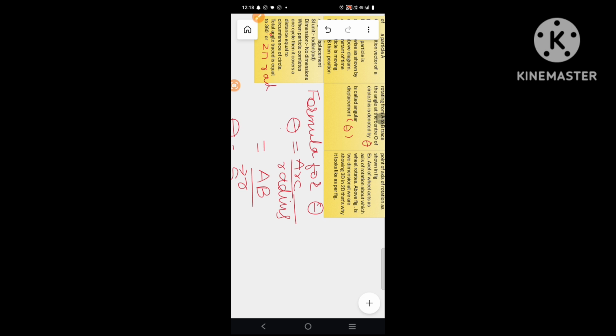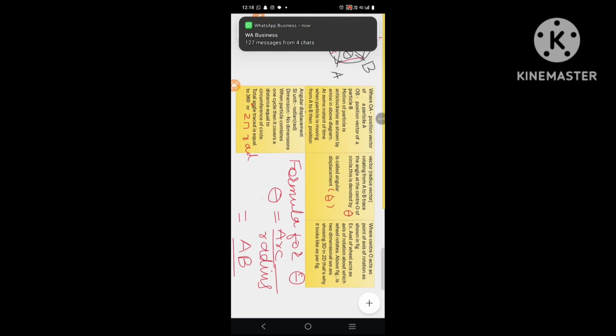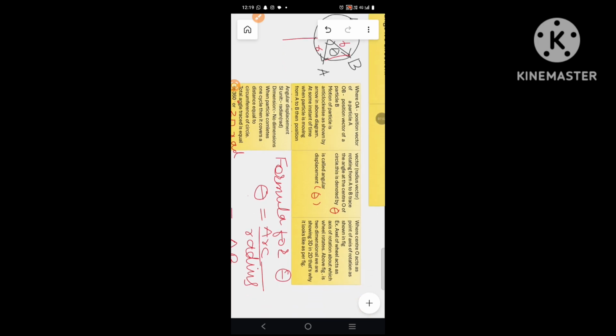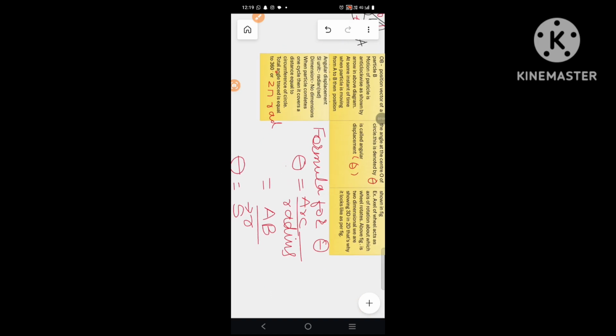Here you can derive the formula for the angle theta. Theta is equal to arc upon radius. AB is the arc which is created due to the position vector when it rotates, as shown in the figure. So theta is equal to arc divided by radius.